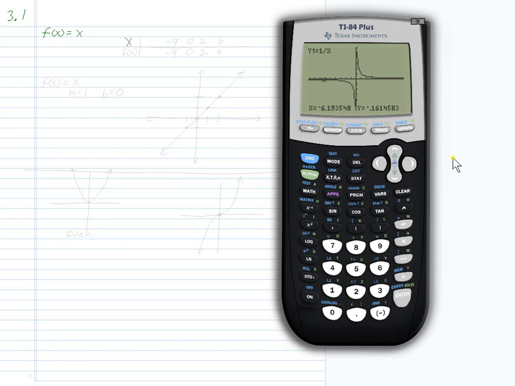So if we plug in 2, we're going to get 2 right back. If we plug in 0, we're going to get 0. If we plug in 6, we're going to get 6. If we plug in negative 9, we're going to get negative 9. It doesn't really do anything interesting. It just takes what we give it, and it gives it right back to us.